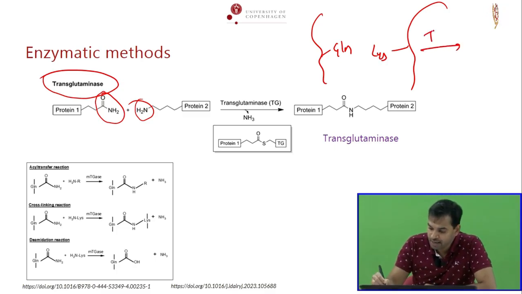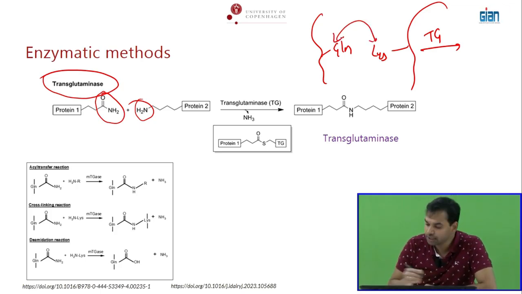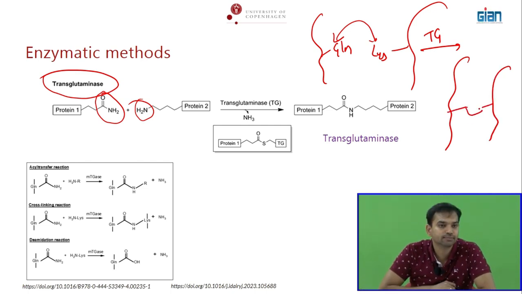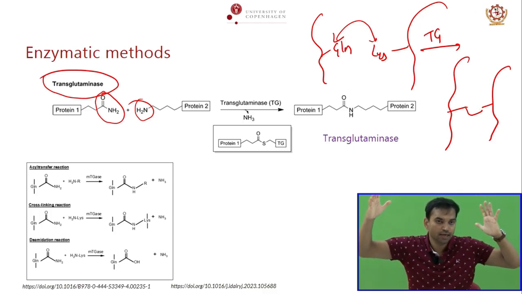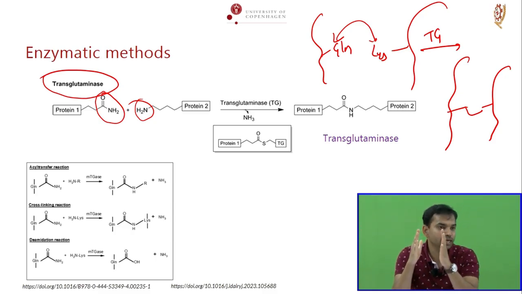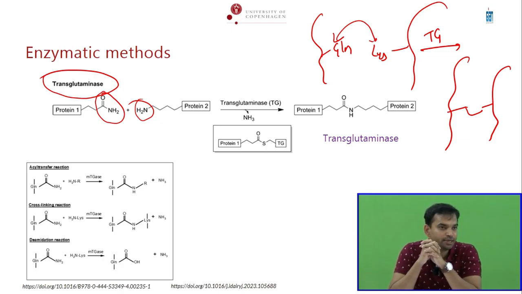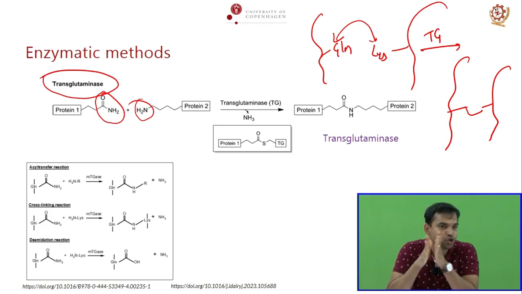Then if you add an enzyme called transglutaminase, it will cross-link these two residues and you get a new protein where two things are cross-linked. Am I clear? Originally, they were individual proteins. Now you are combining them covalently by adding an enzyme called transglutaminase. It will induce a covalent reaction, a combination of glutamine and lysine residues. Please note it's a covalent modification, that means it's strong.